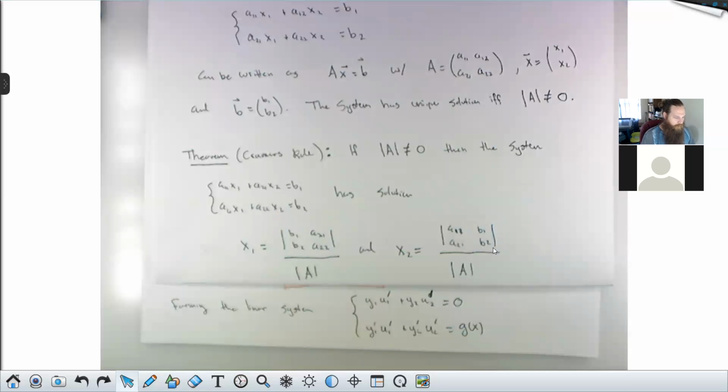And one of the reasons we like this so much is because it generalizes nicely to higher dimensions. So if we had a third order ODE that we started with, that would yield a 3x3 linear system at this stage. And we would be able to use Cramer's rule to write down the values of u1 prime and u2 prime in terms of the Wronskian downstairs and the slightly modified Wronskians upstairs.